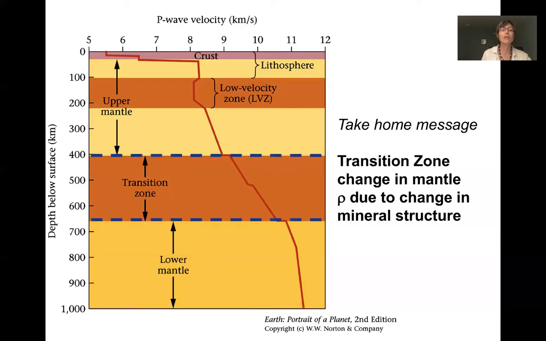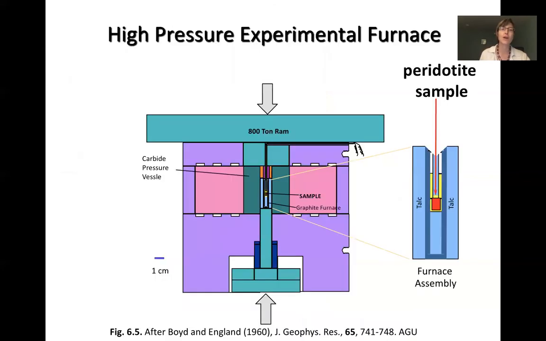I've outlined here the mantle transition zone with these blue dashed lines so that it looks similar to the previous image. All right, in order to think about what's going on here, we take a look at the results from high pressure experimental petrology.